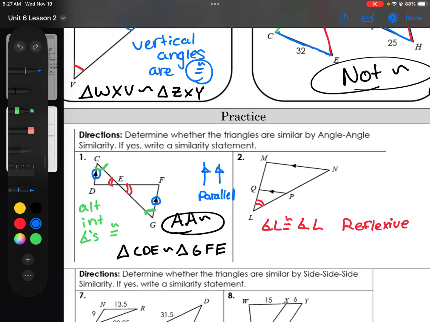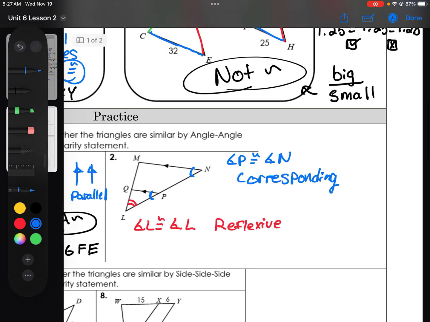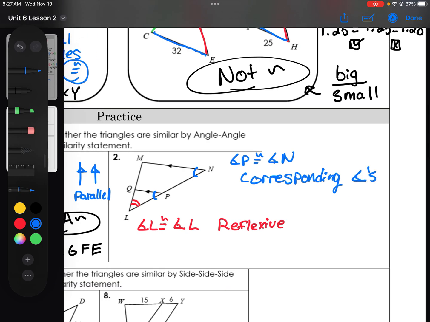So if you have parallel lines, you also know that their corresponding angles are congruent. So angle P is congruent to angle N because corresponding angles are congruent. Okay, and because we have the two angles that are congruent, we know those two triangles are similar with angle similarity.